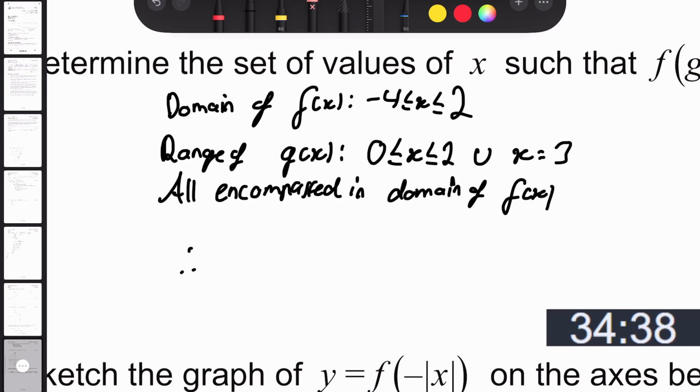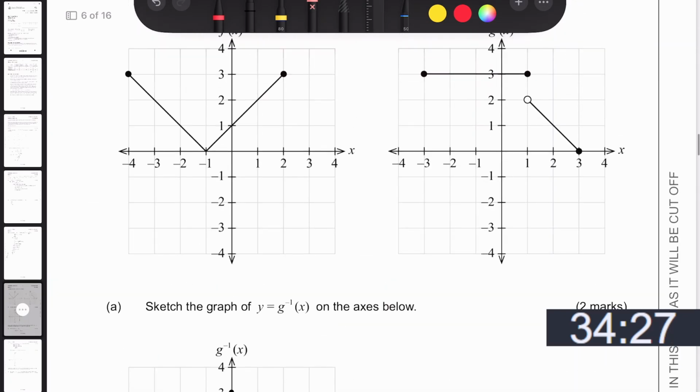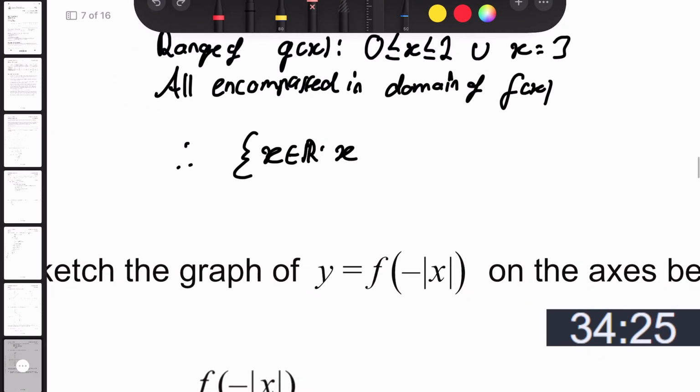Therefore, we have that x is a part of the real numbers such that -3 less than or equal to x less than or equal to 3.